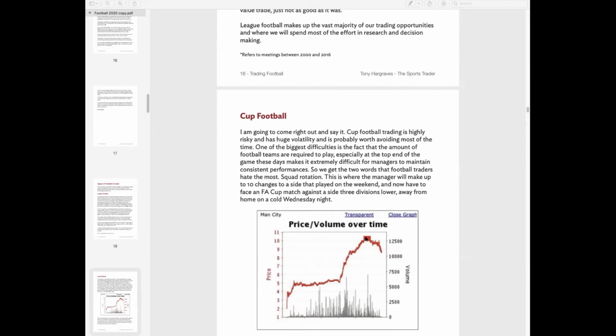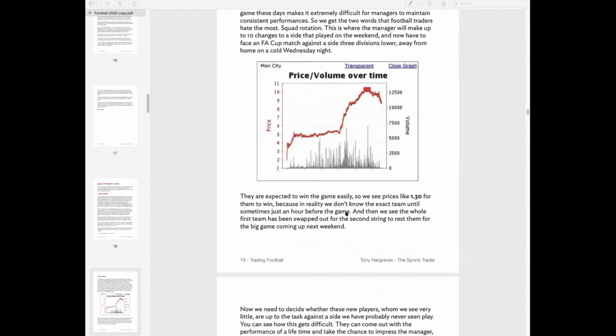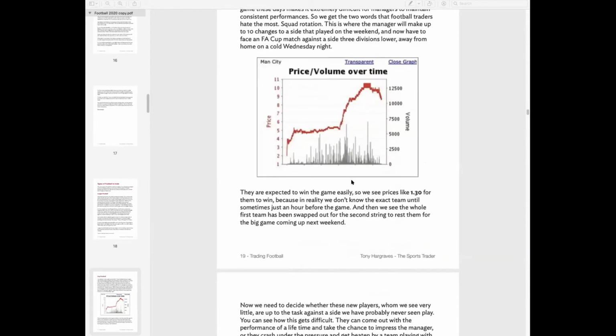If you have to sacrifice something to rotate your teams, this is normally the one that they give up on. It's just like squad rotation. So as traders, they're the 2 words that we hate the most. They might be playing some simple side, a lower level.